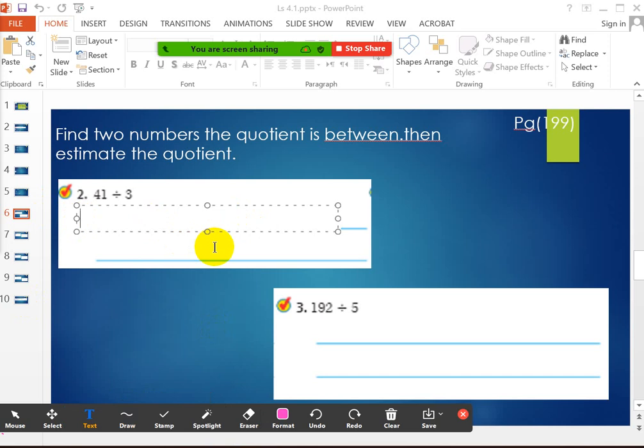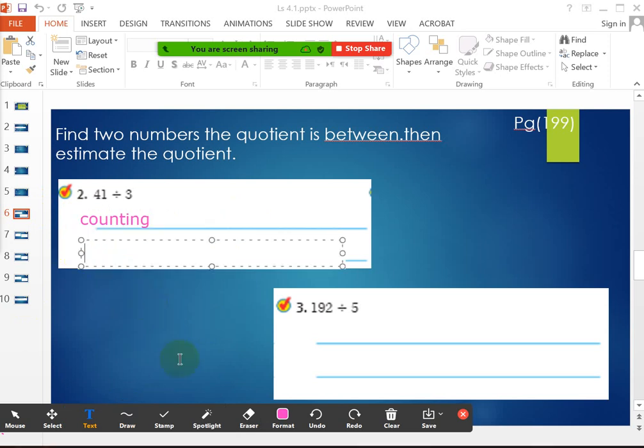Counting numbers. Focus with me. Who didn't understand, please focus with me.